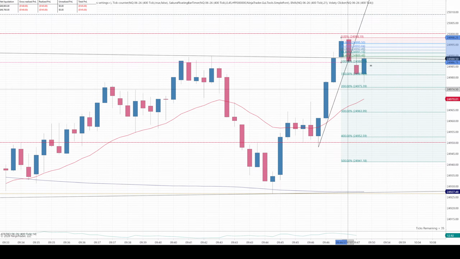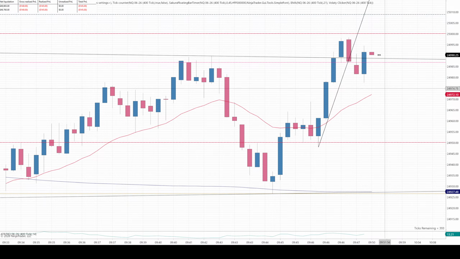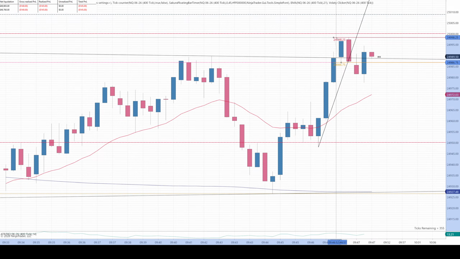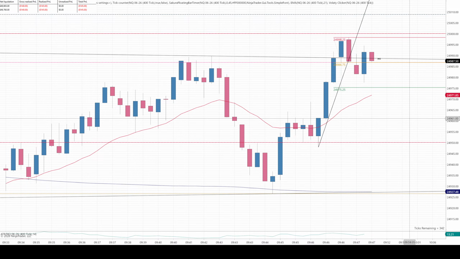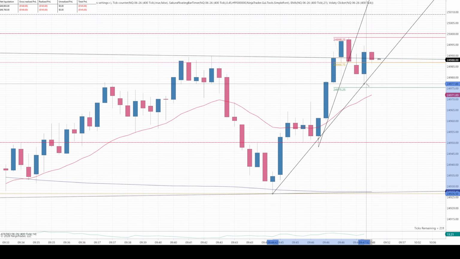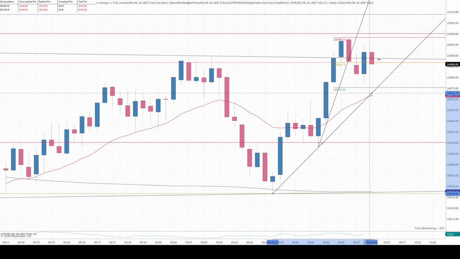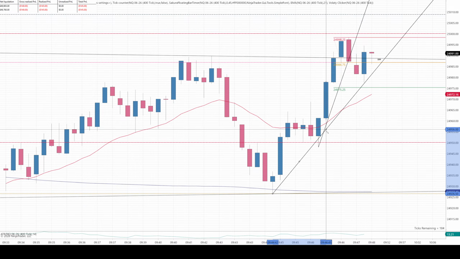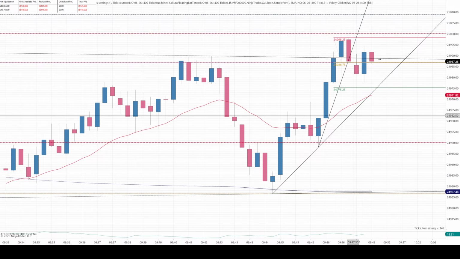This candle's too big, too bullish. Trade would have worked.